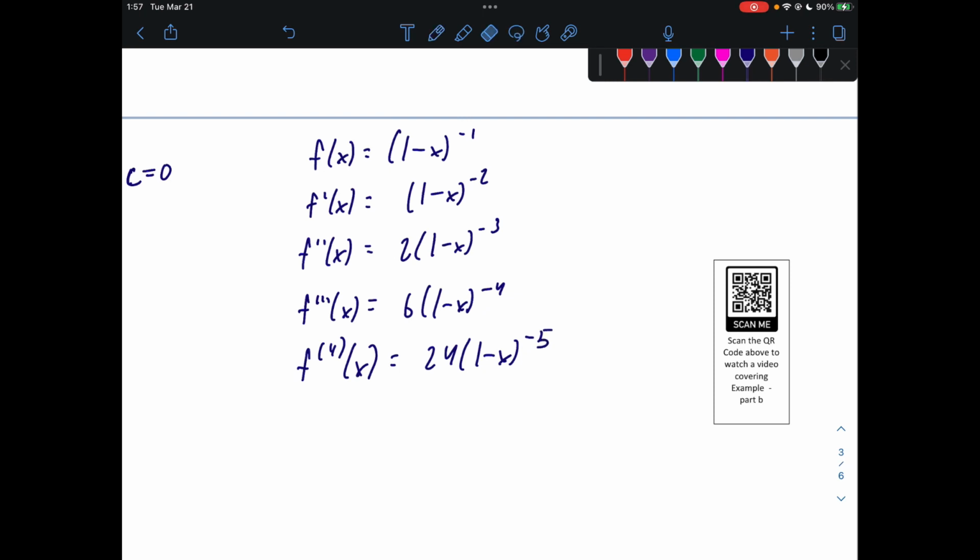So we have that. Hopefully by now you can see the pattern developing here. Look at the numbers out in front. We got 1, 1, 2, 6, 24. We should recognize that as n factorial.